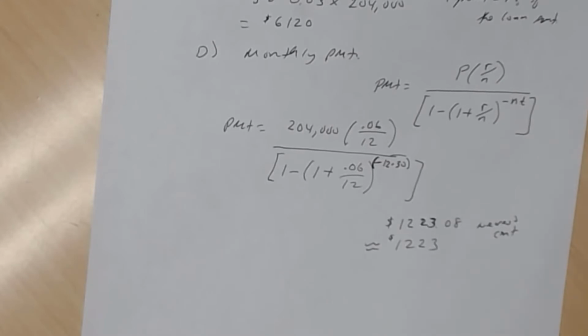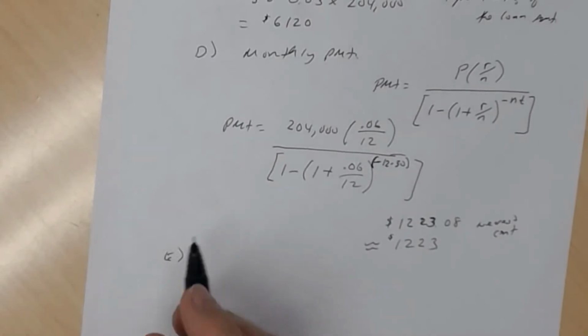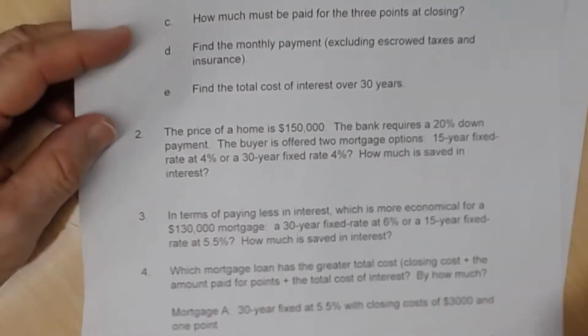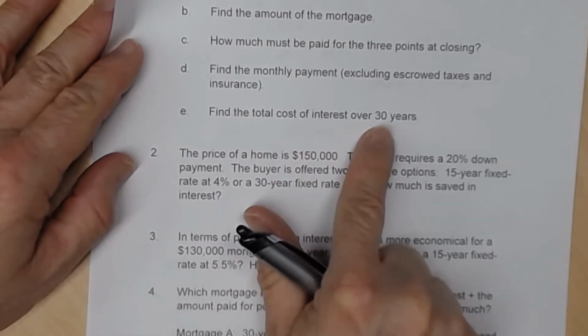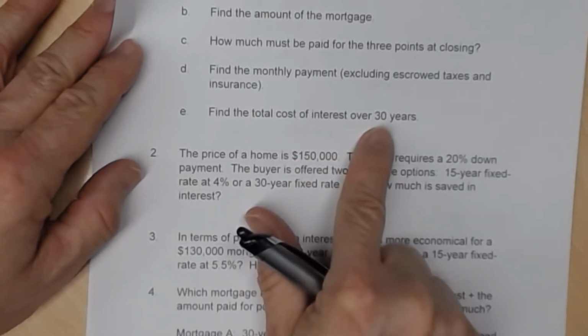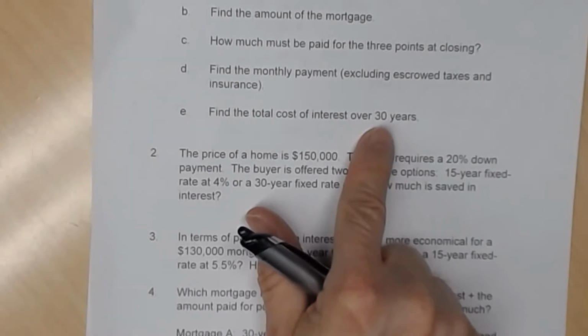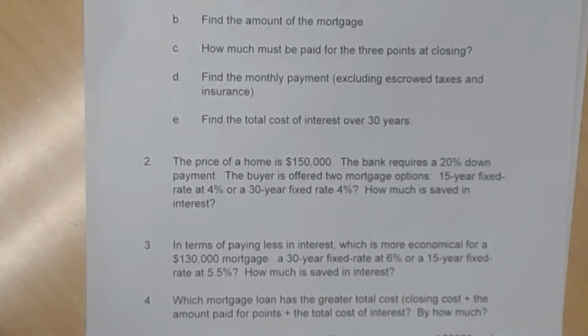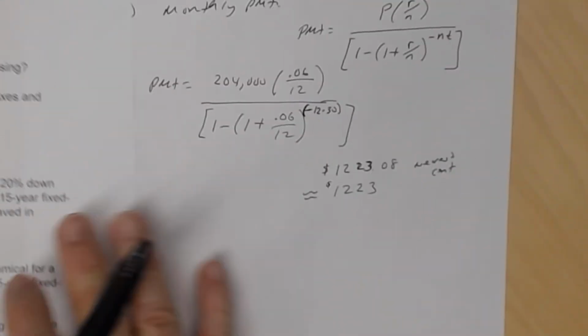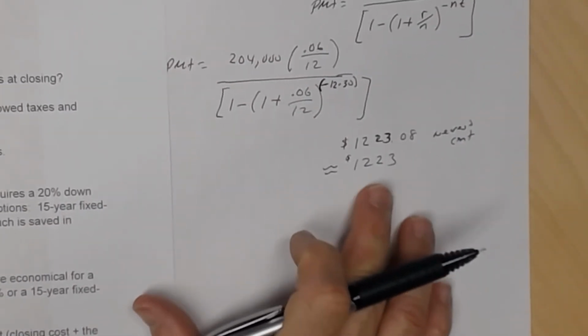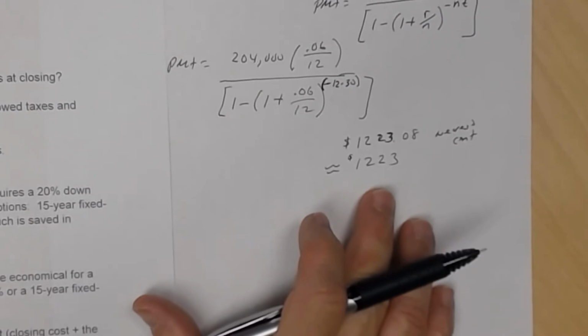Okay, the next part was E. Listen to this carefully. E says: find the total cost of interest over 30 years. Let's think about how we're going to do this. Remember, what is it that I just found in Part D? What does that $1,223 mean?